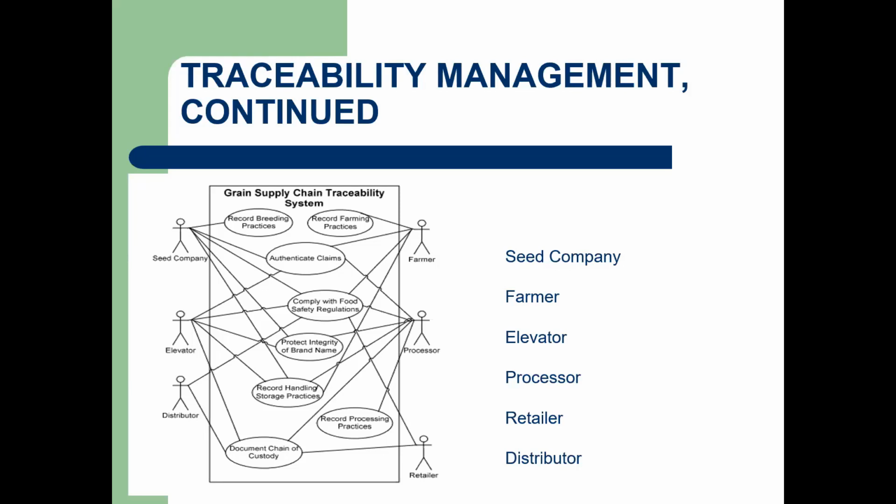For example, I'll take the example of a semolina processor. He would have to comply with a certain food safety regulation. For example, if he's SQF certified, he has to comply with those food safety regulations. And for that, he needs to go back to the elevator and farmer and ask about their processes.